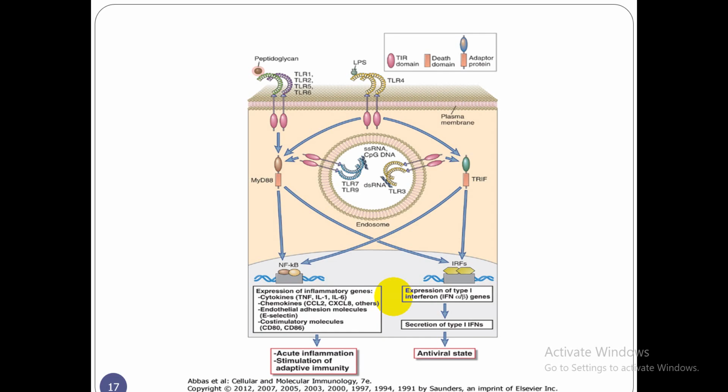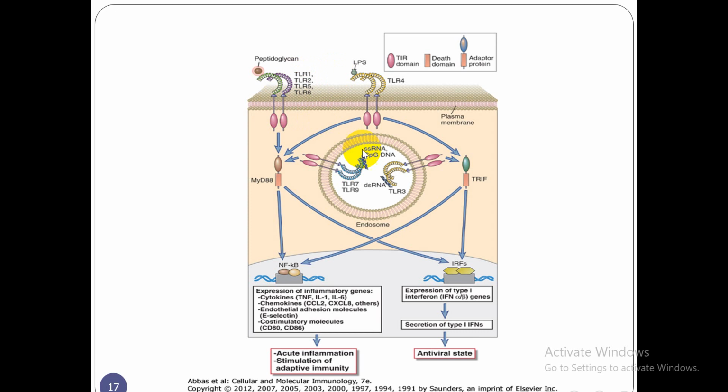After the recognition of the pathogen with this toll-like receptor, for example, here you see a lipopolysaccharide attached to the toll-like receptor 4, or peptidoglycan attached to toll-like receptor 1, 2, 5, or 6.